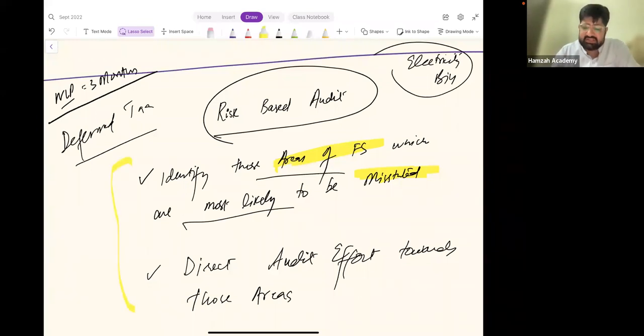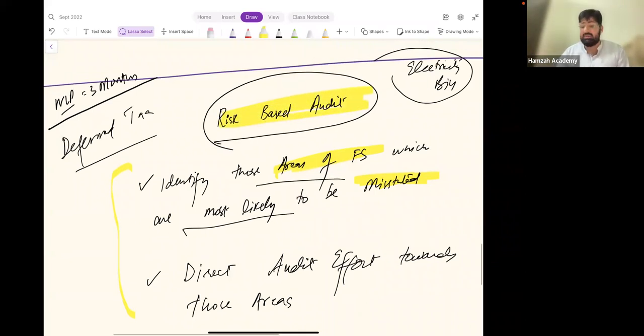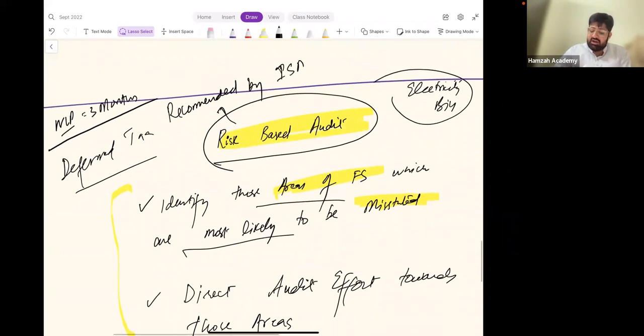This is called the risk-based approach. This is working smart. This is the approach which is recommended by International Standards on Auditing (ISA) as well.